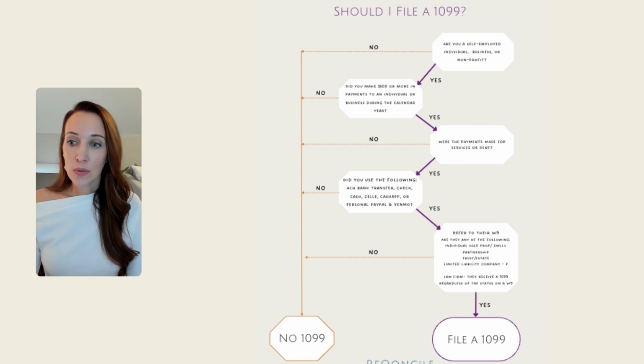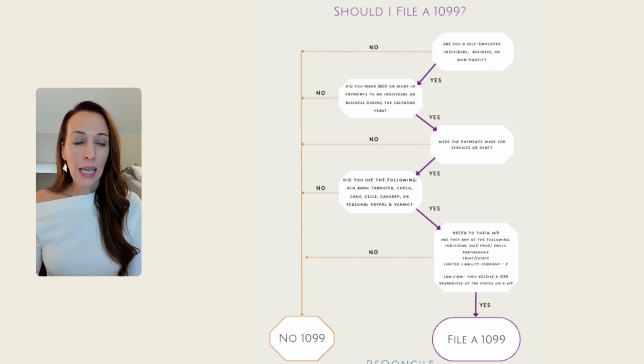So if we say yes and we move on to the next scenario, did you use any of the following to make payments? ACH bank transfer, check, cash, Zelle, Cash App, or personal PayPal or personal Venmo? Then you need to 1099.